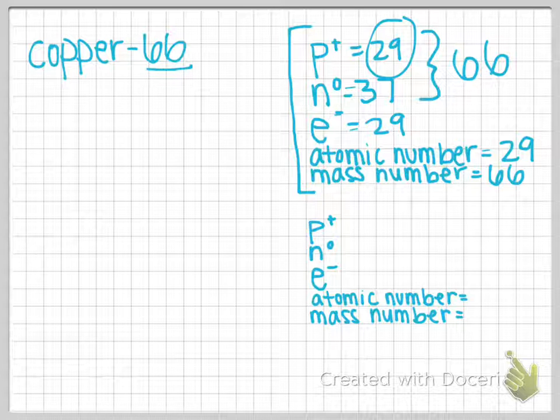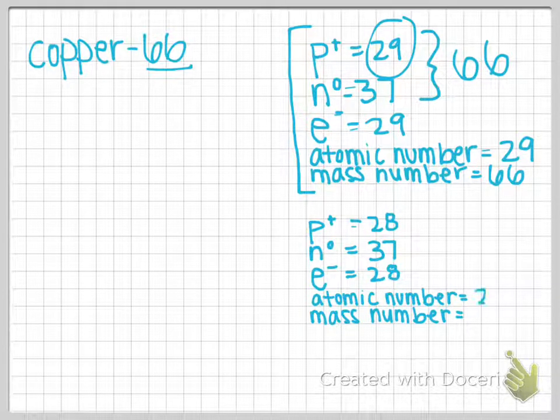Another example, if all I gave you was that your neutron number was 37, and your electron number was 28, and I wanted you to give me all of the other information, you could say that your electrons are 28, so your protons are 28.